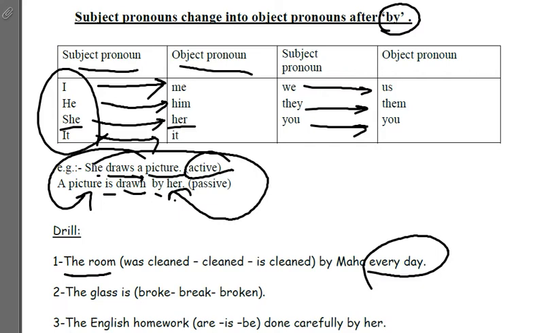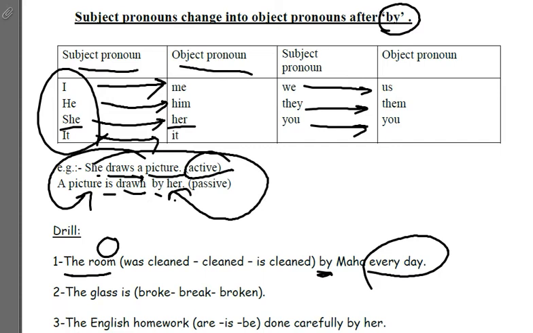The subject, as I told you, is the person or the thing that does something. Does the room clean itself, or does it have to be cleaned? So this is an object because the room has to be cleaned, not to clean itself.